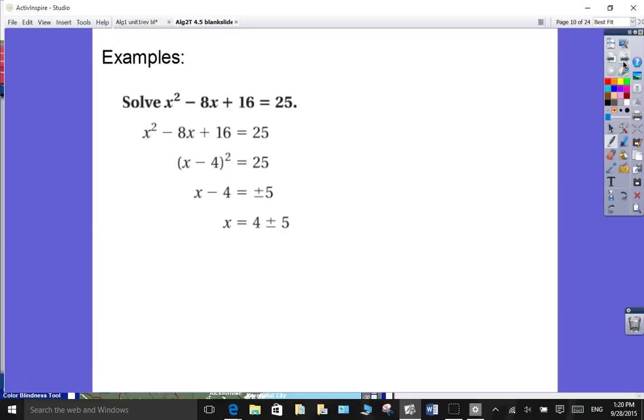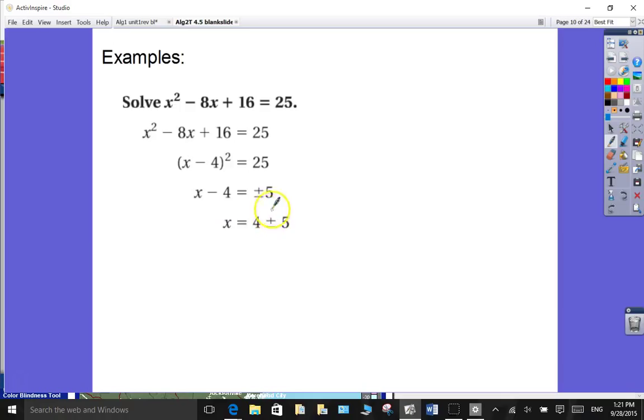That's a perfect square trinomial. The factors of 16 that add up to -8 are -4 and -4. So that's x minus 4 squared equals 25. Because it was a perfect square trinomial, you've isolated the x in one spot. So as long as you've solved for the squared term, which in this case is x minus 4 squared, now you take the square root of both sides. So I get x minus 4 equals plus or minus 5.